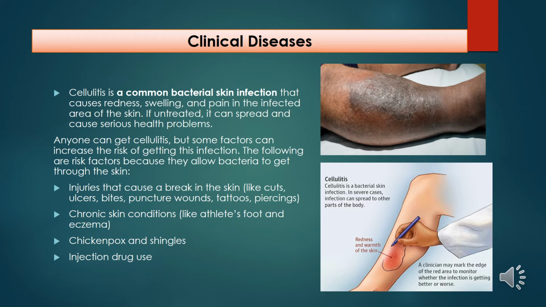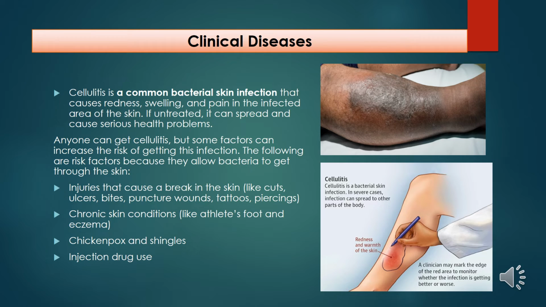For clinical diseases, the first one we have is cellulitis. It is a common bacterial skin infection that causes redness, swelling, and pain in the infected area of the skin. If untreated, it can spread and cause serious health problems. Different types of bacteria can cause cellulitis, which is an infection of the deeper layers of the skin.